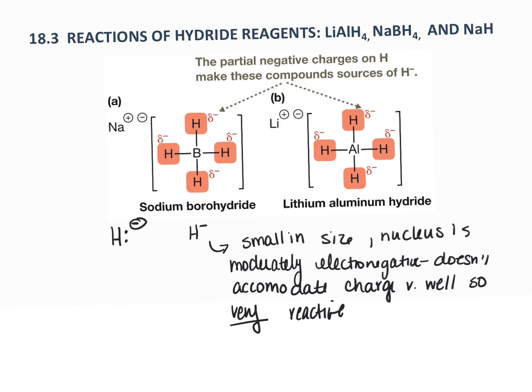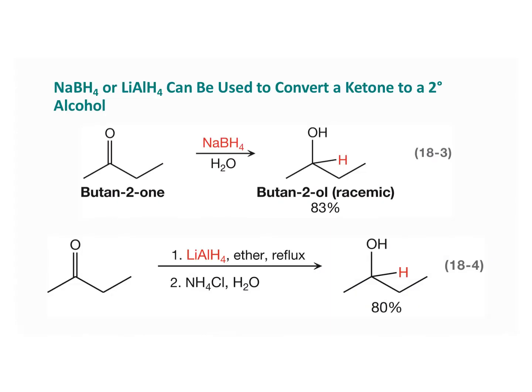In many instances, what we do in organic chemistry is instead of writing these out, we simply think of sodium borohydride and lithium aluminum hydride as H minus. And I'm going to show you this in some of the mechanisms, but that's an assumption that we make, and it's pretty common. So let's look at some of the reactions with nonpolar pi bonds that we see.